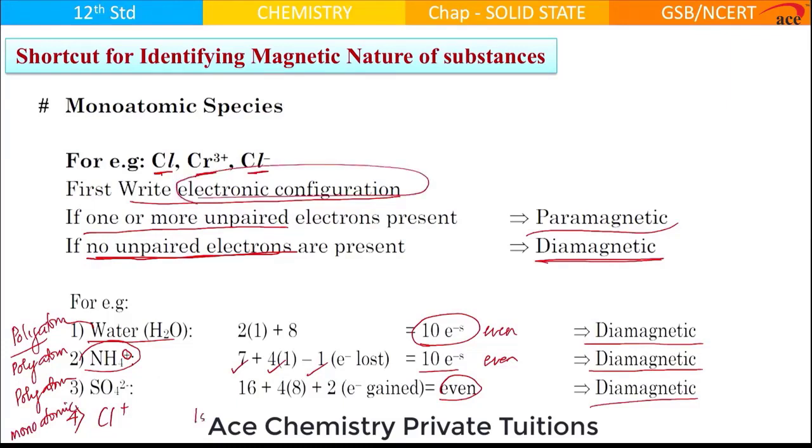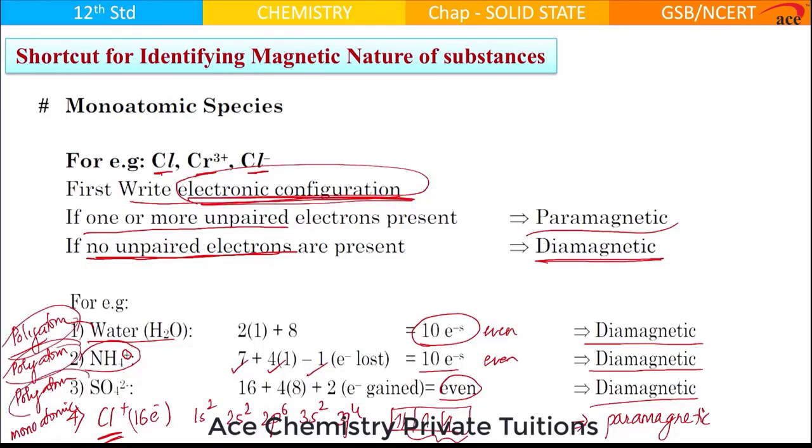It has 16 electrons: 1s2, 2s2, 2p6, 3s2, 3p4. That means it has unpaired electrons, therefore it is paramagnetic in nature. What you should have realized: if it is a monoatomic species, write the electronic configuration. If it is a polyatomic species, simply count the total number of electrons and you will be able to decide whether the substance is diamagnetic or paramagnetic in nature.